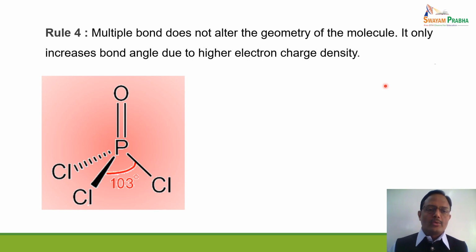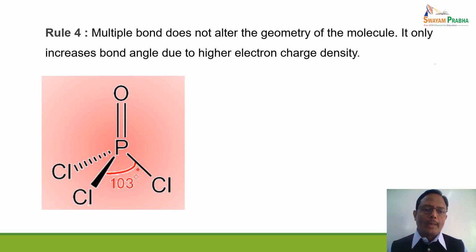In the case of POCl3, the phosphorus atom has 4 valence shell electron pairs around it, if we consider only the sigma bonds and do not consider the pi bond. It does not affect the overall geometry of the molecule. The geometry remains the same as tetrahedral, but since it is a double bond, there are 4 electrons, which will lead to more repulsive forces between this bond and this bond.